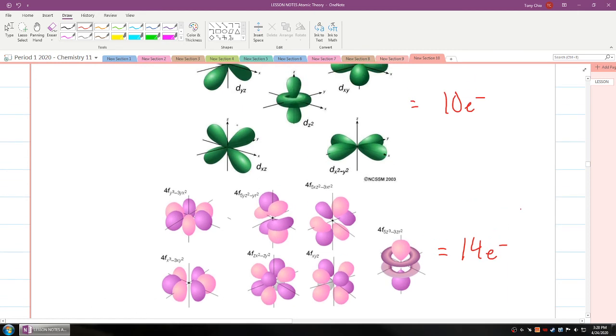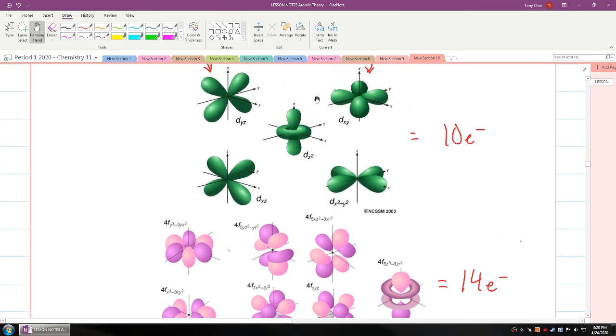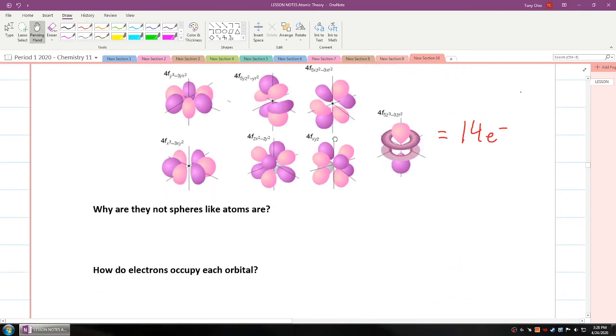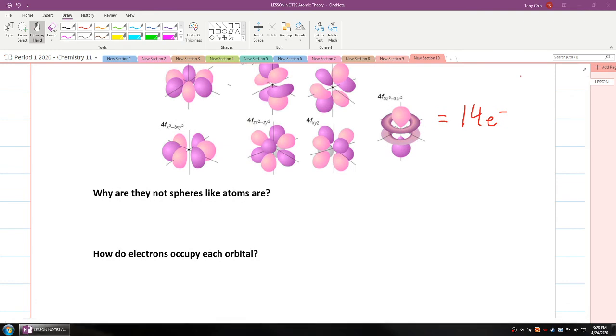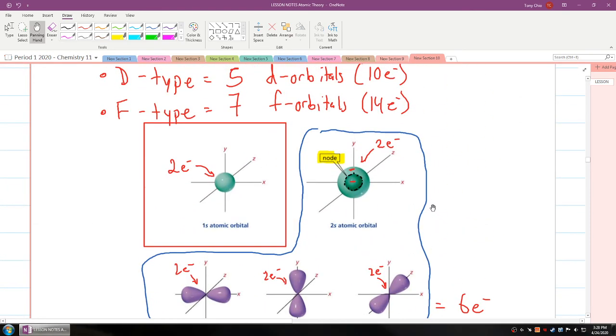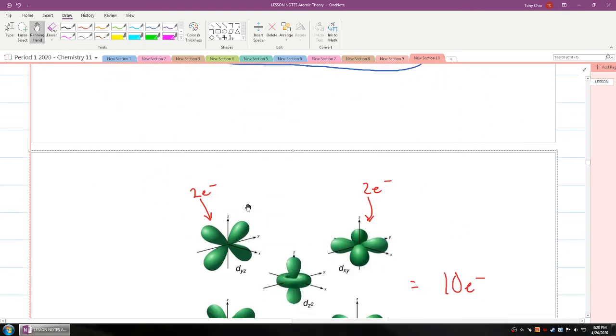So if you look at these, you go, does that mean atoms look like this? They're not spherical? No, it's not. Because if you add up all these orbitals together in the sense that they overlap, because really still, in the middle of each of these orbitals, say for example right here, there's still a nucleus.